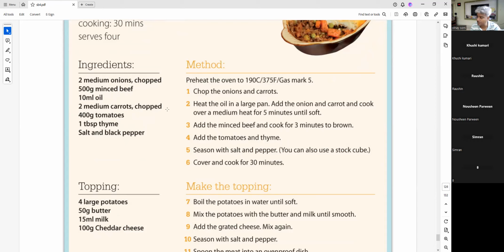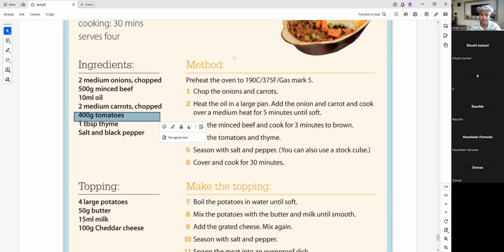They should be chopped too. 400 grams of tomatoes. 1 tablespoon of thyme. Thyme is a herb, green thing. Salt and black pepper, of course.